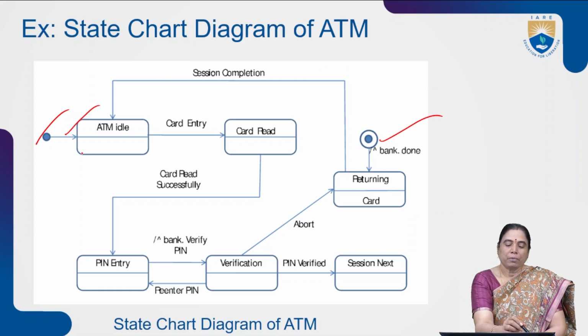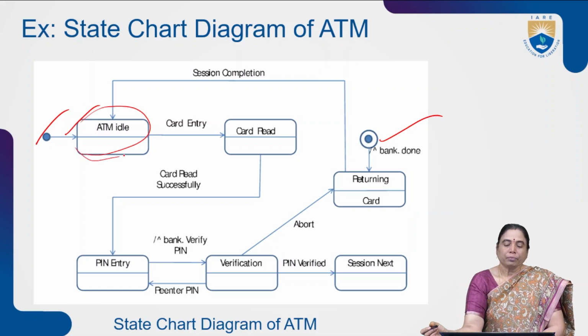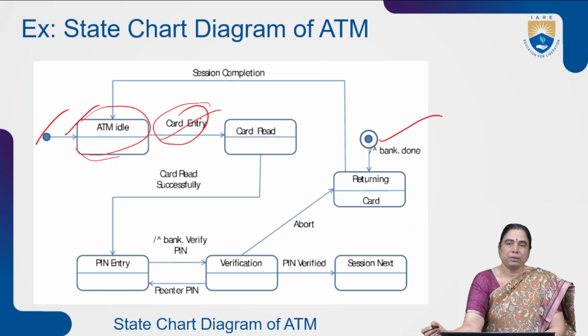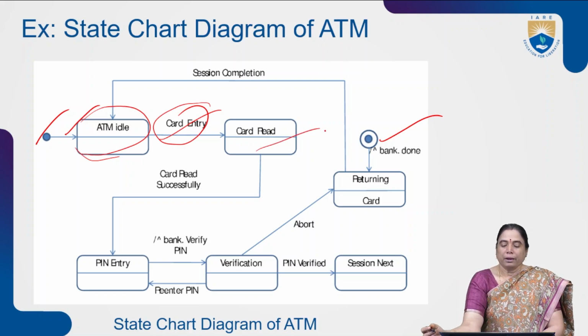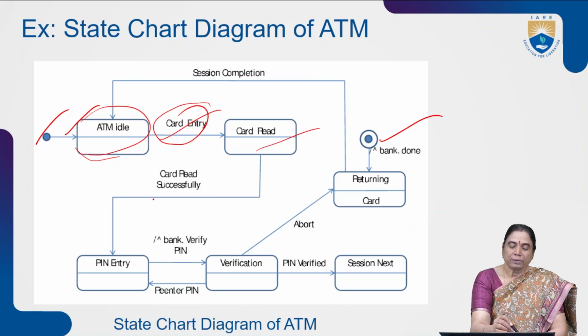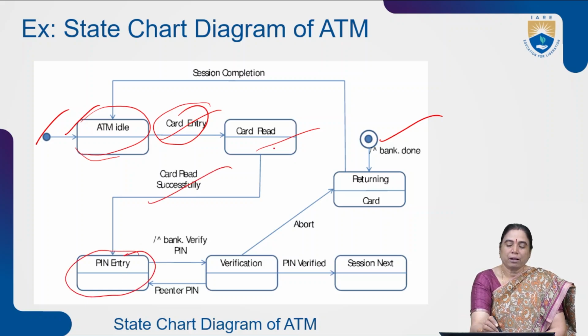When the ATM is idle, the card is inserted by the customer. This is an external event that occurred. The card must be read, and the card is read successfully. Then the state changes from card read to the pin entry state, and bank verification is successful.